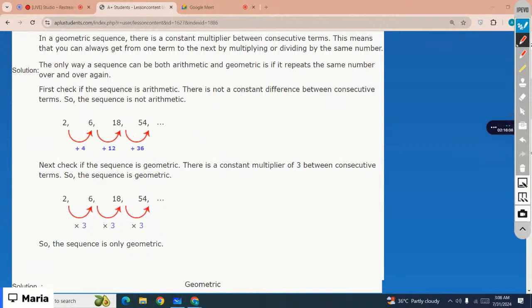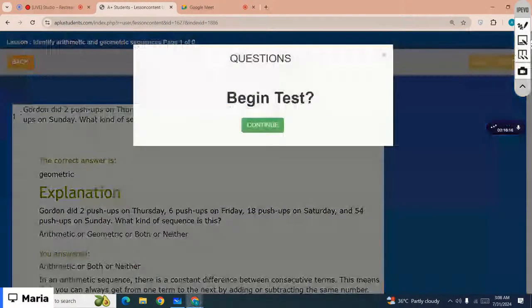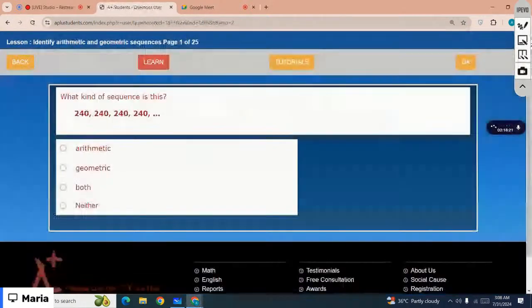Okay, so let's start with the test questions. How to identify if the sequence is arithmetic or geometric. The sequence is 240, 240, 240, and 240.